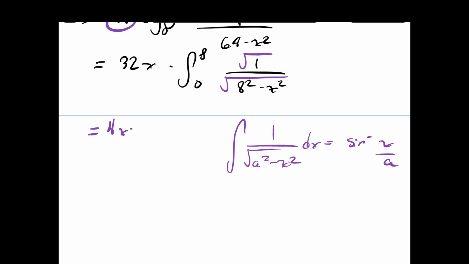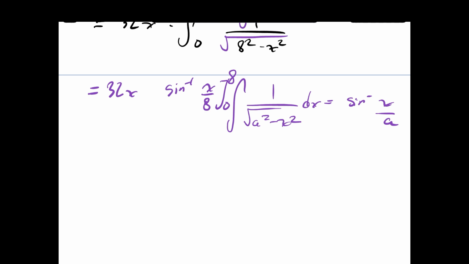So 32x, and then sine inverse of x over 8, evaluated from 0 to 8. And because the 0 will be just 0 as well, you're going to get, wow, he didn't even evaluate that either. Holy shit.